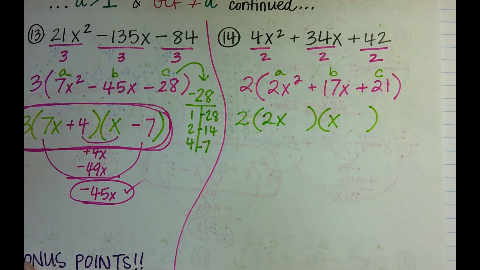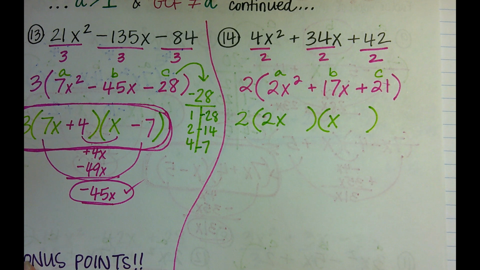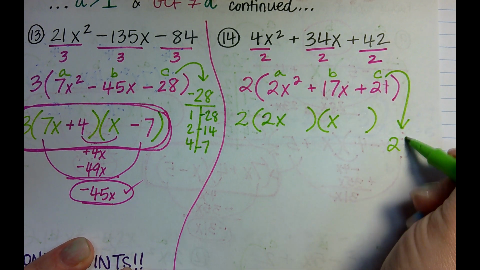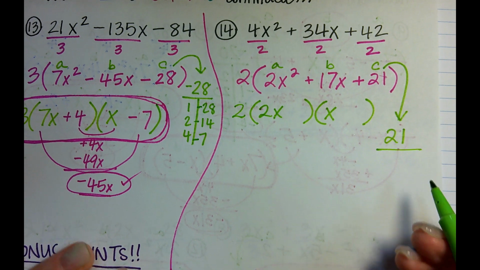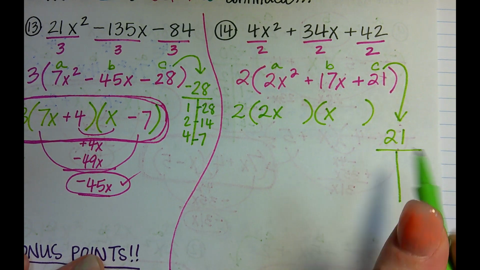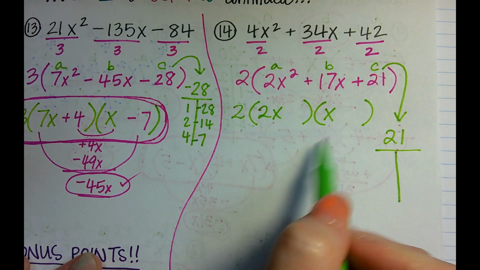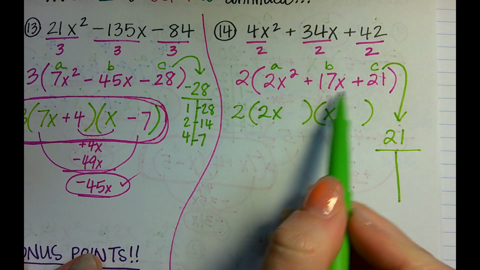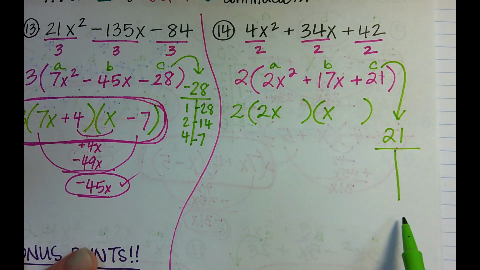Okay. Now, what do I do? Factor C. Let's look at the factors of C of positive 21. Keeping in mind that when we do our rainbow method, we're going to want our answer to be equal to 17x.